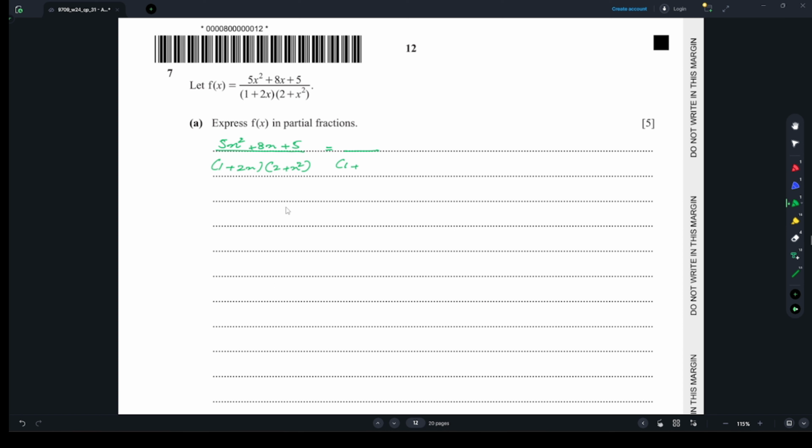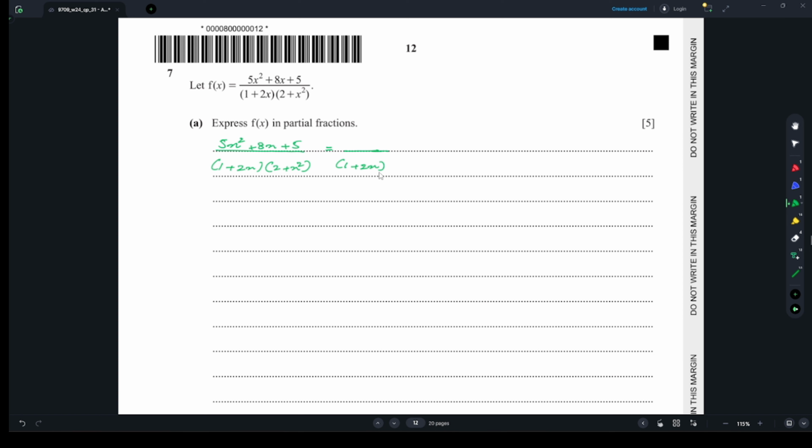Okay, so we have to consider the first part in the denominator. So the easiest way is this one. So here check the power of x. It's 1, so it's just a simple function with the power of x being 1. So on top you have to write down a function whose overall power of x is 0, because below it's 1.